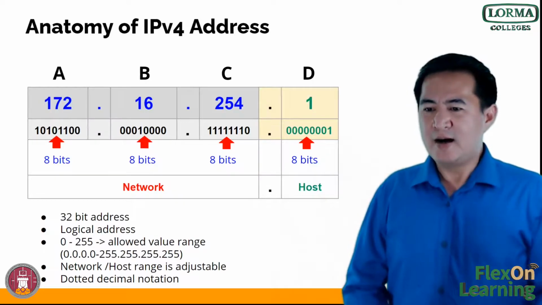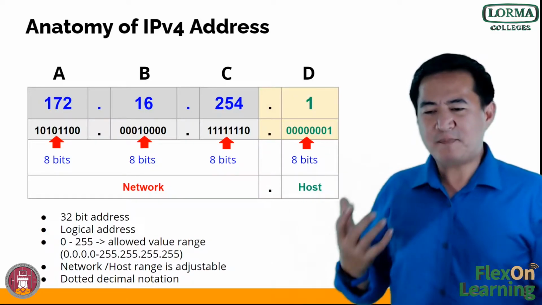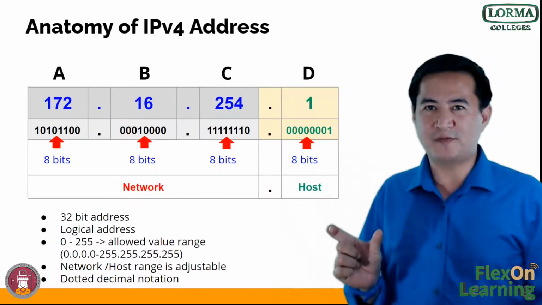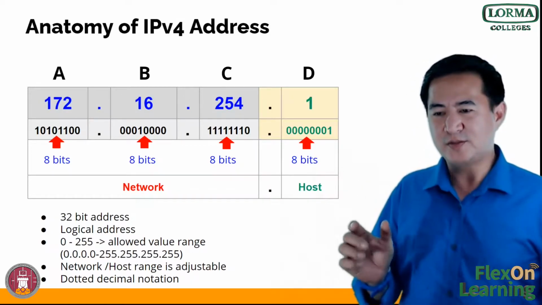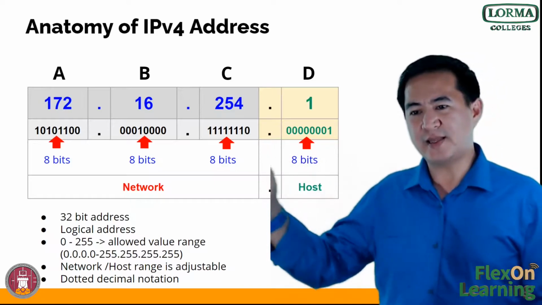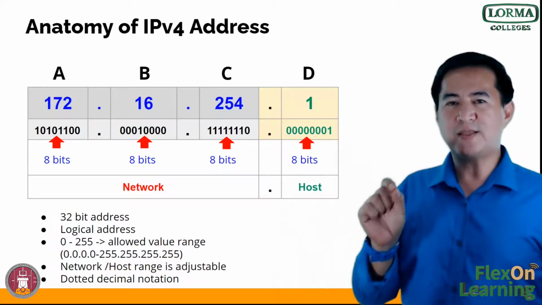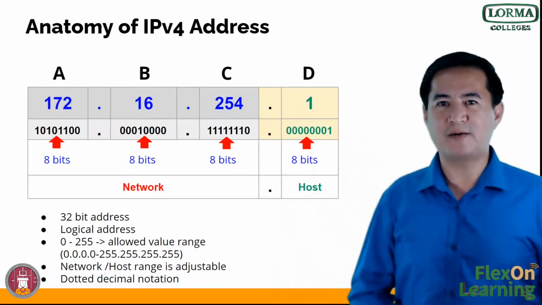Okay? The IP address has a range of 0 to 255 per octet. So the values that could be placed in the A, B, C, and D octets start from 0 and the maximum number is 255.